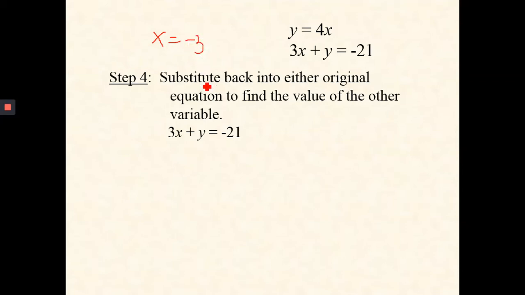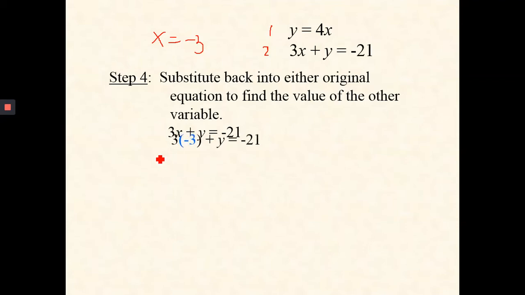In order to find the value of y, we need to use either equation 1 or equation 2. That is step 4. So we have here 3x plus y equals negative 21. We use equation 2.